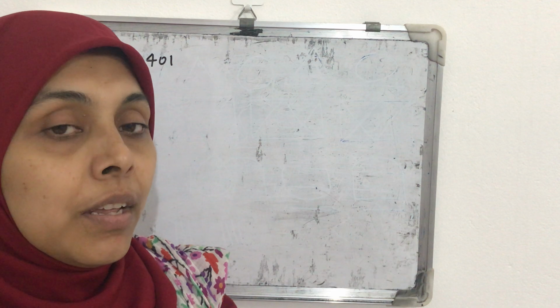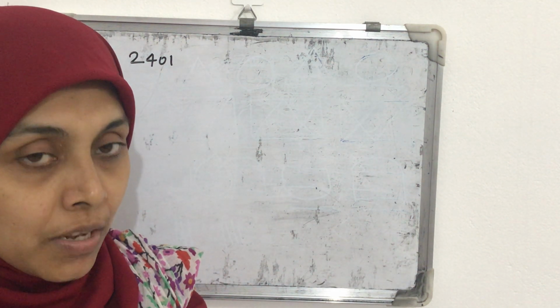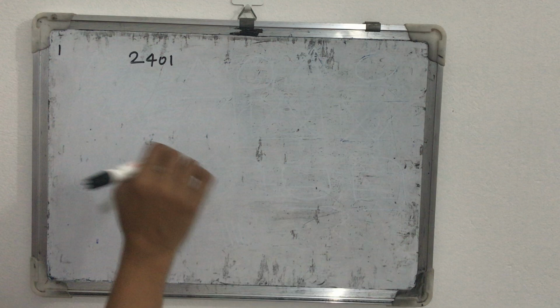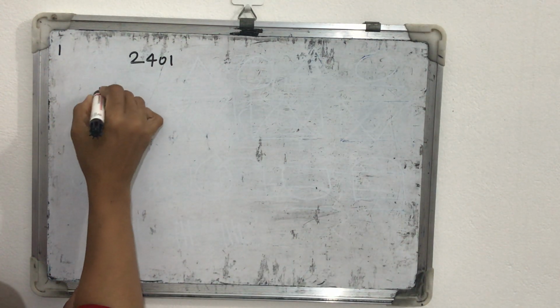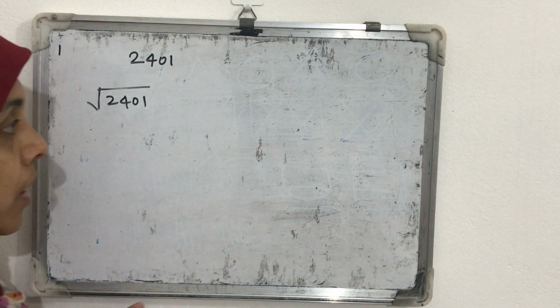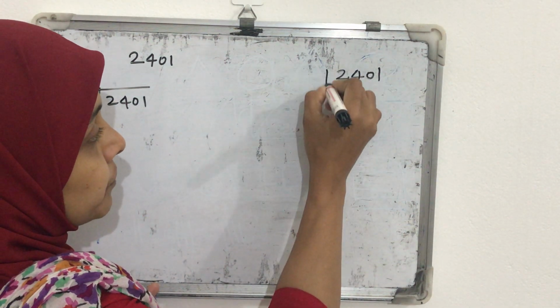So how many students will be in that class? It will be found by finding the square root of 2401. The number of students in that class we can find by the square root of 2401. By prime factorization we can find it out.